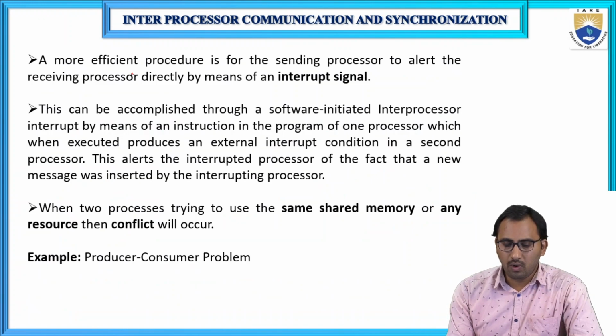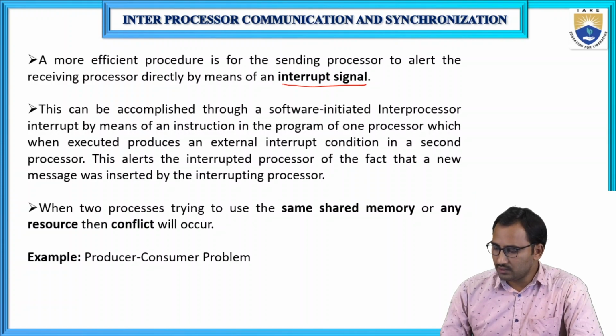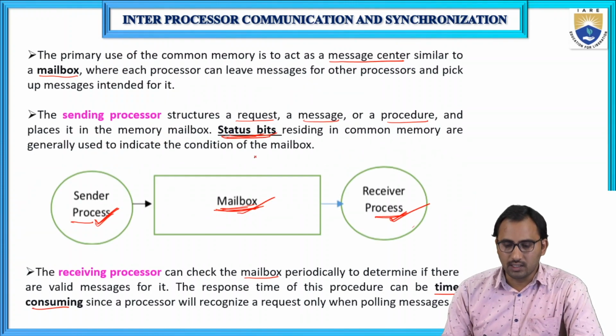So a more efficient approach is for the sending processor to alert the receiver processor directly by means of an interrupt signal. See here, in this mailbox scenario, the sender processor is sending the information or data to the receiver processor. Along with the data, the sender processor also sends an interrupt signal to the receiver processor.